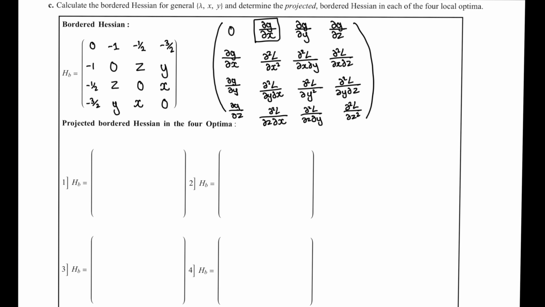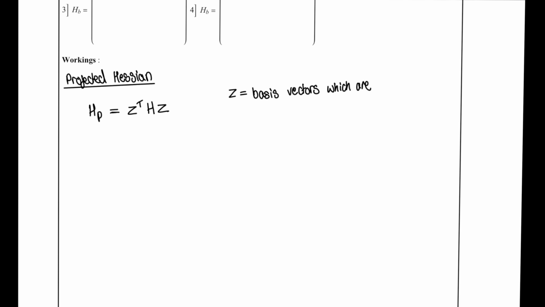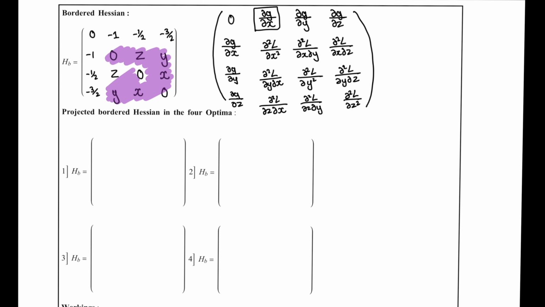Now, to work out the projected Hessian, we use the formula: the projected Hessian is equal to the transpose of Z multiplied by the Hessian multiplied by Z, where Z is equal to basis vectors which are orthogonal to the Jacobian, and H is just the Hessian. So just these values, so that would form a 3 by 3 matrix.